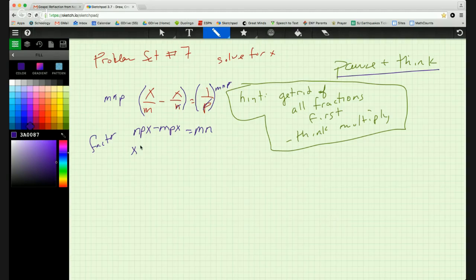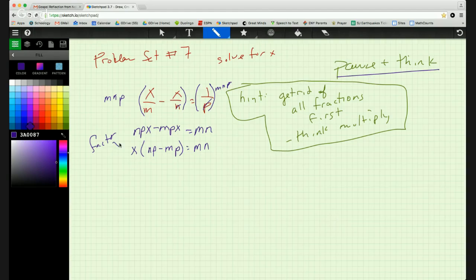And I can factor out an x, and I get x times (np minus mp) equals mn. And if I want to make sure that I get that, I can redistribute back: x times np is npx, and x times mp is mpx. So this is correct.